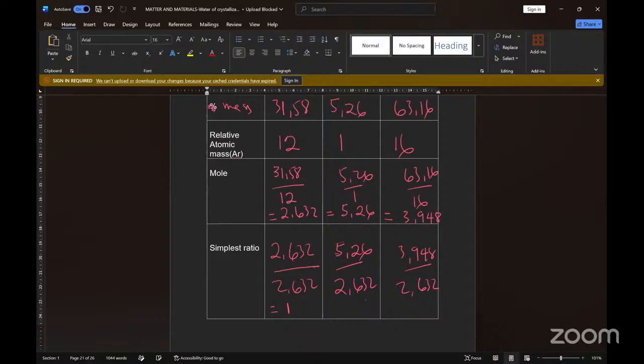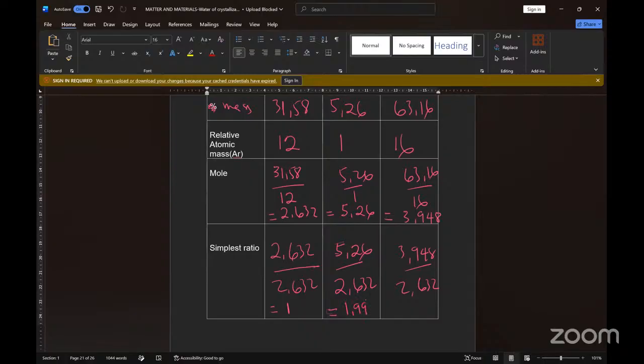Then we check this one. 5,26 divided by 2,632. So this one gives us 1,998.